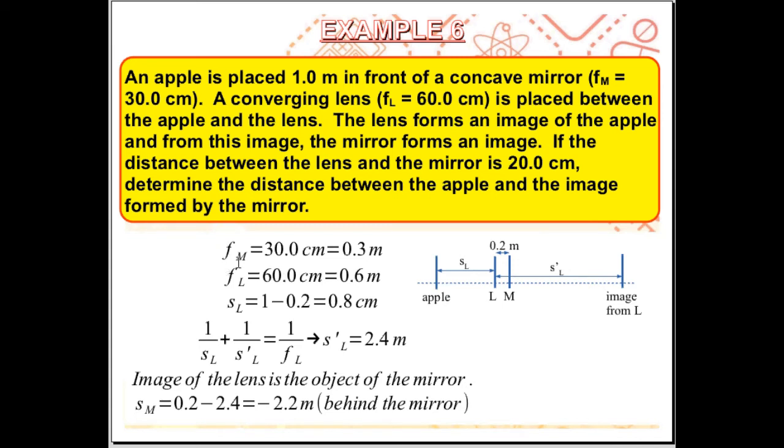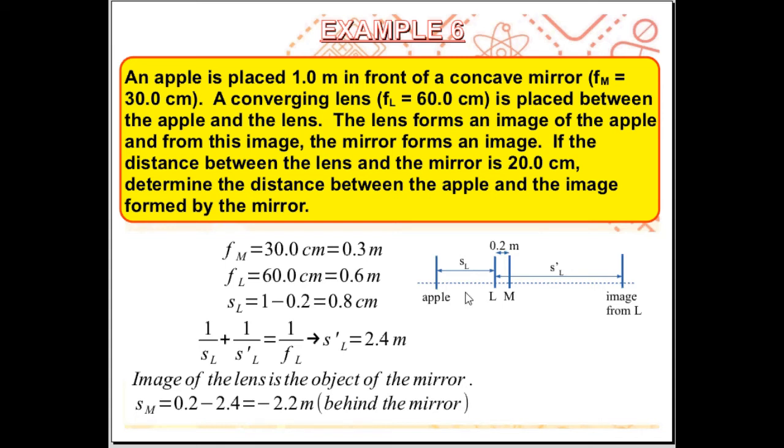F sub m, 0.3 meters, F sub L, 0.6 meters, and S sub L, the object distance between apple and lens. From apple to the mirror is 1 meter. Mirror and lens is 0.2 meters.